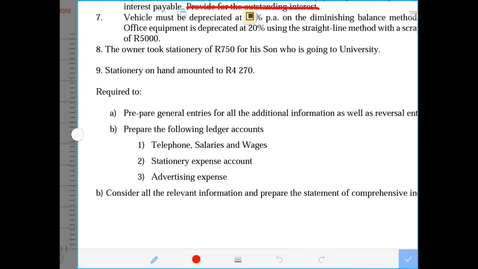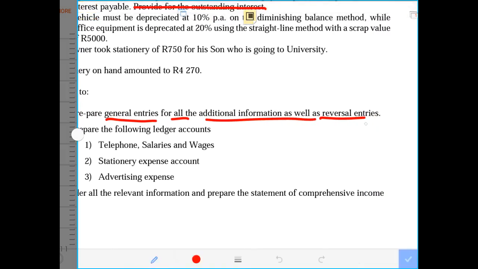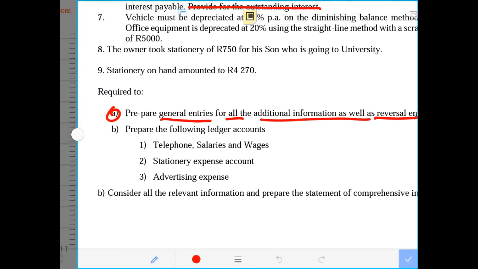So now we are required to prepare all the general journal entries and the additional information, as well as reversal entries. So now we have to do everything, including the reversal entries. Then after, we are also required to prepare the following ledger accounts, which are telephone, salaries and wages, stationery expense, and advertising expense.